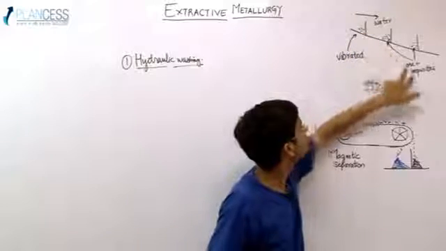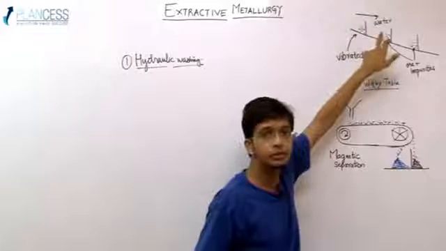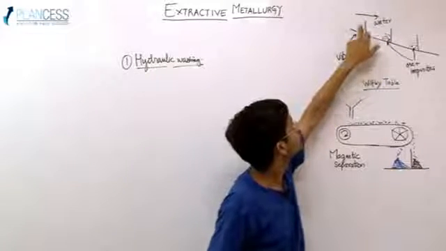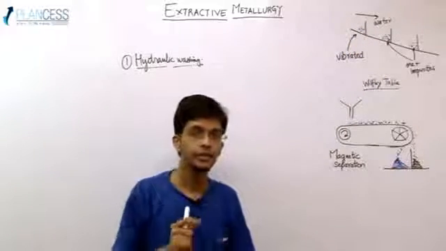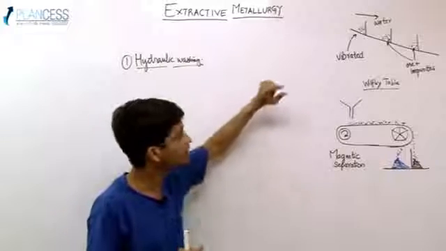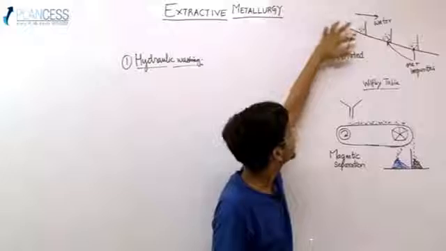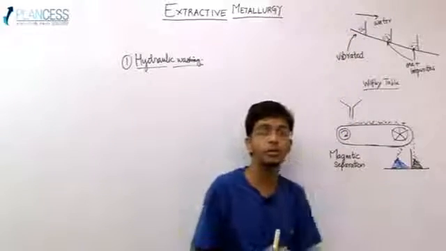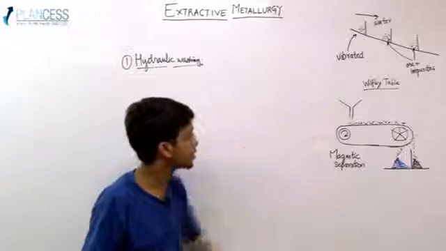It contains ore plus impurities kept behind these plates, and water is flown from above. Since it is vibrated, the ore particles and the impurity particles jump. However, due to the difference in densities, their jump heights differ. The impurity particles jump higher while the ore particles jump lower. Since the impurity particles jump higher, they are washed away with the water flowing above them. So this is a method of hydraulic washing.